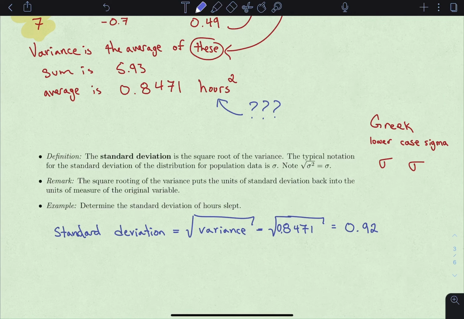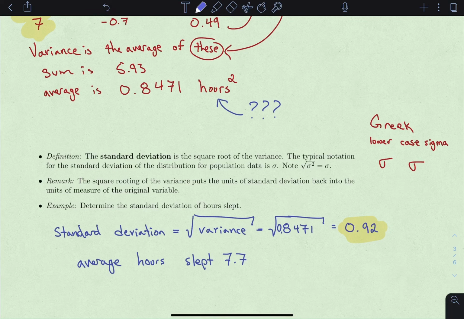And what this means is, on a typical night, you sleep, average was 7.7. Average hours slept, 7.7. And the standard deviation is 0.92.